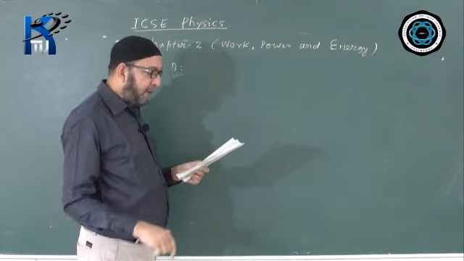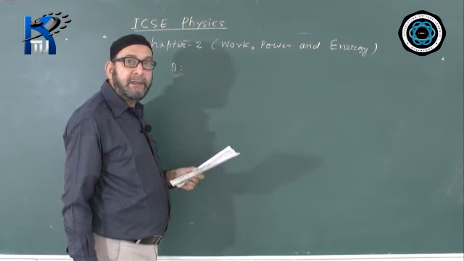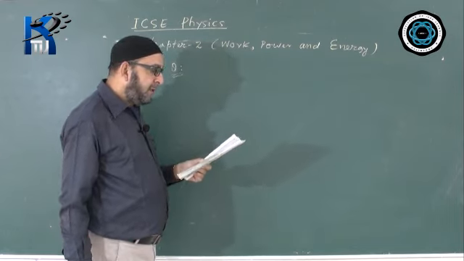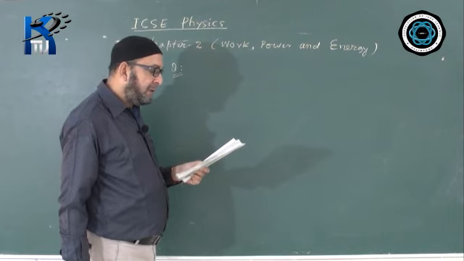Calculate A, first part, potential energy at the greatest height. Second part B, the kinetic energy on reaching the ground, and C, the total energy at its halfway point.